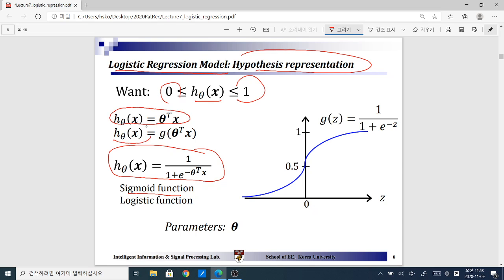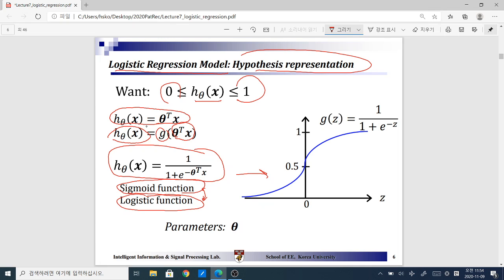But now with the logistic regression function, which is actually a mapping of this dot product between the parameter and feature with this nonlinear function g. And this g function is called the sigmoid function, which looks like this. It is also called the logistic function. So these are synonymous to each other.